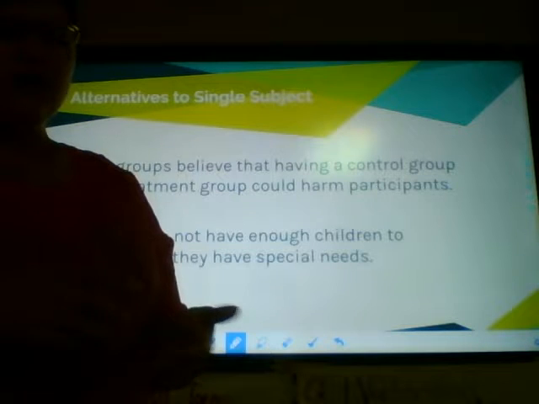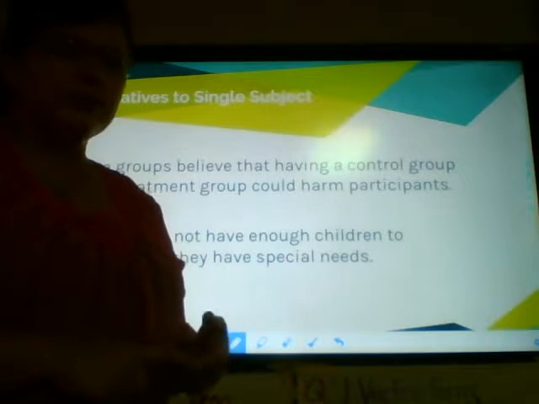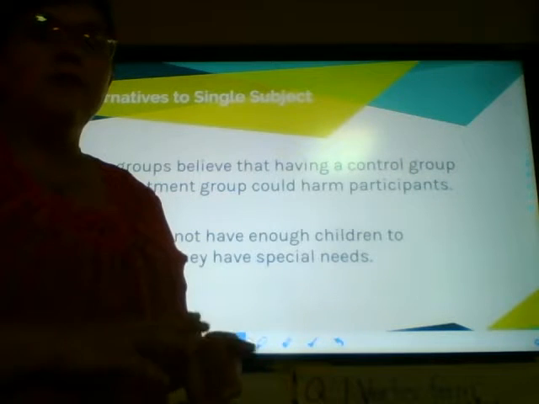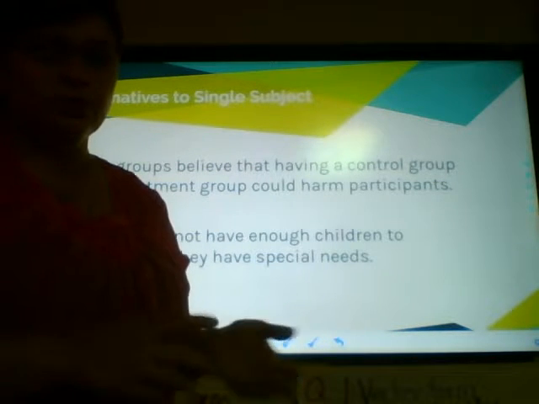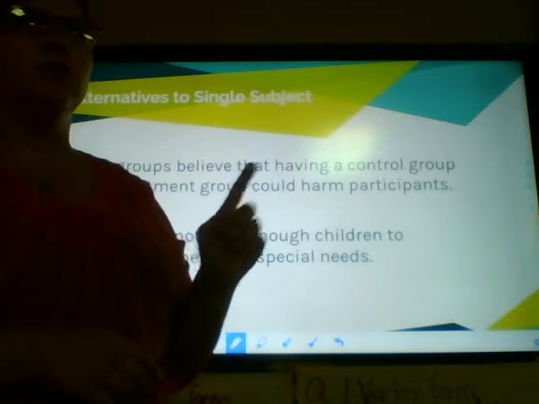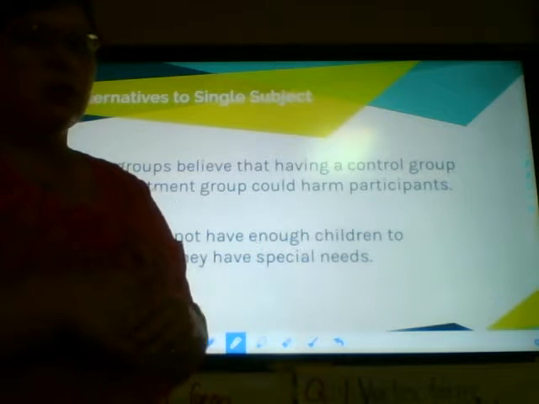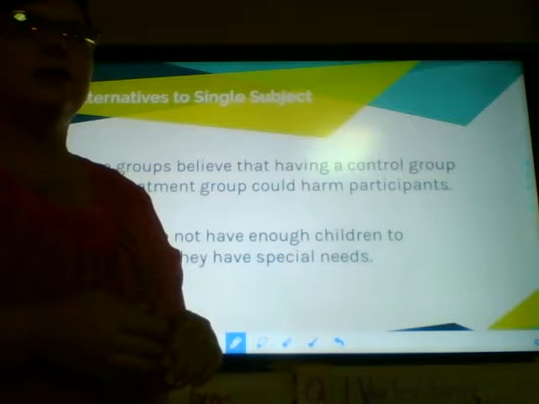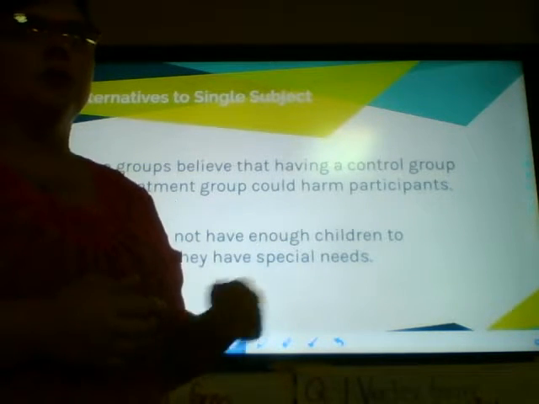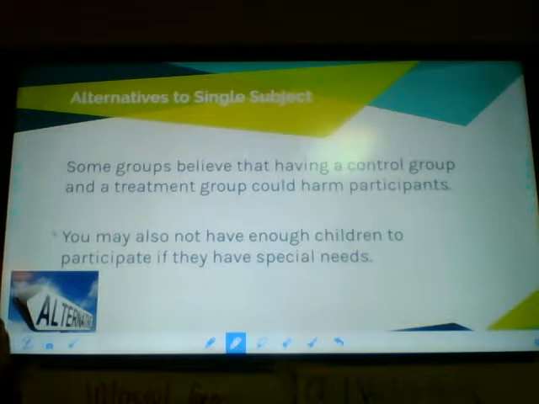So that's like students who have really severe and profound needs. If you were to not provide them with some kind of treatment, that would do them a disservice and harm their learning or their health. And so when you just focus on one student and see if something works or doesn't work, it's usually a shorter period of time, over a matter of a few days, and it doesn't harm anybody else in the classroom.